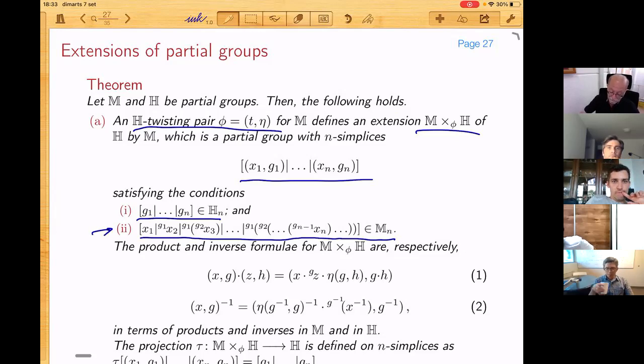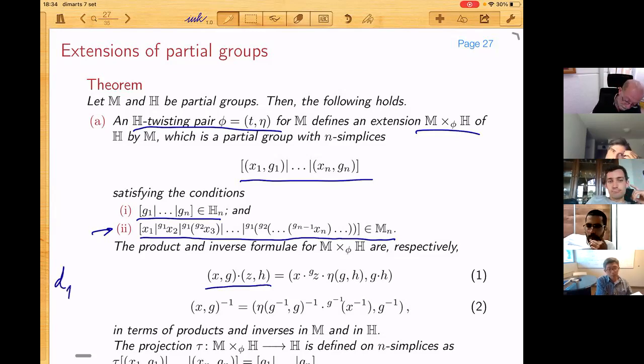Once you have described this as a set, then you should tell what the faces and degeneracies are. And essentially, I'm going to give you the product, which is essentially the differential of this simplex.